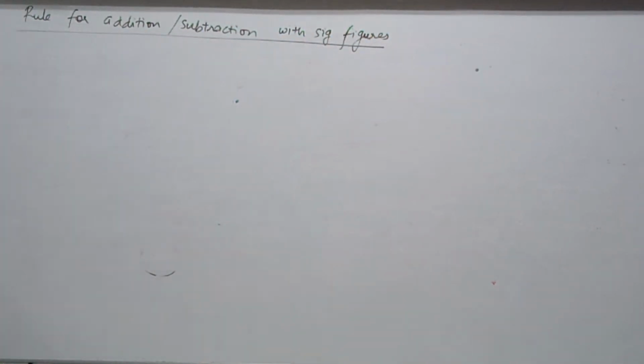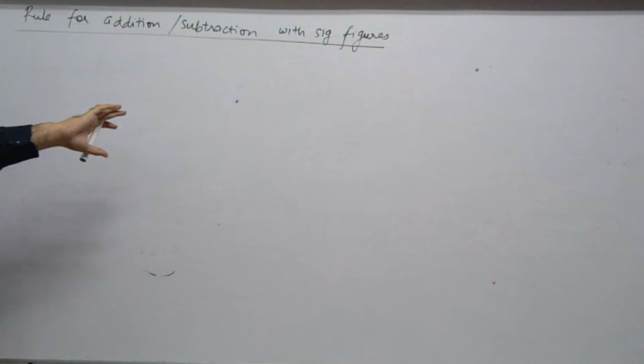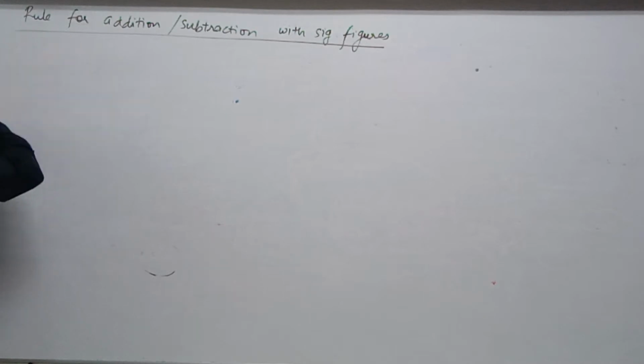The rule is the same, so the same logic applies. Let's write the rule first. Frankly, the rule is tough to understand when you see the words, but it's very easy once you see one or two examples. So here it is.